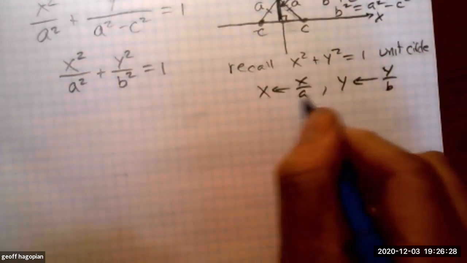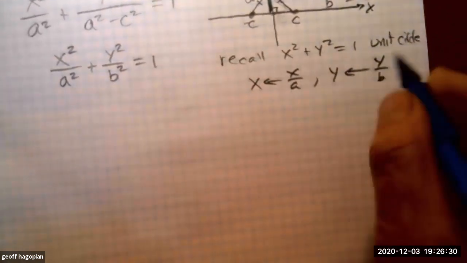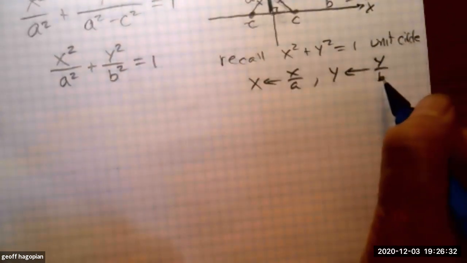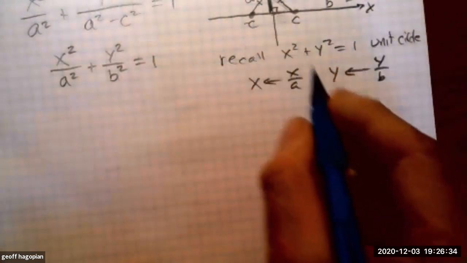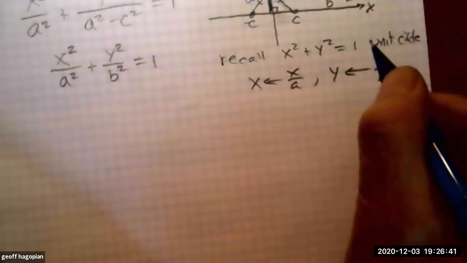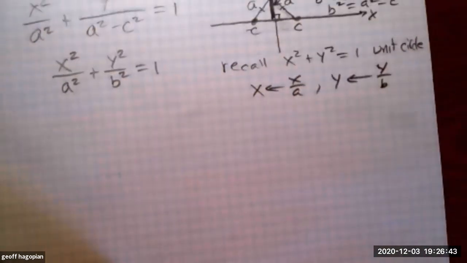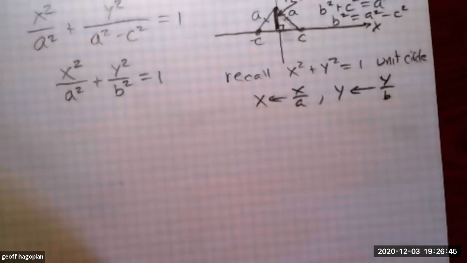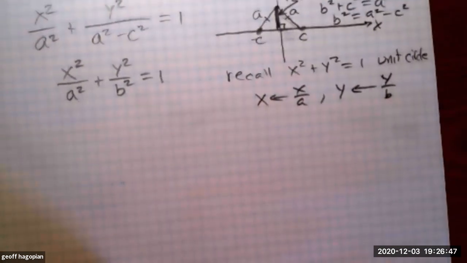That's going to stretch horizontally by a factor of a, and vertically by a factor of b. If you were to stretch the unit circle, you'd get an ellipse, an oval shape, right? That corresponds to what we know about the unit circle and transformations.